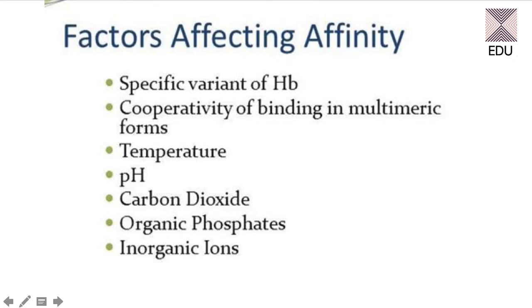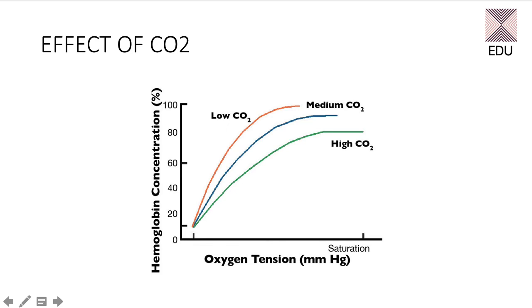If we look at the effect of carbon dioxide, this graph very clearly shows that if you have a high carbon dioxide partial pressure, then you have less affinity of the pigment towards oxygen. Now in this graph, on the vertical axis, we have the percentage hemoglobin concentration.